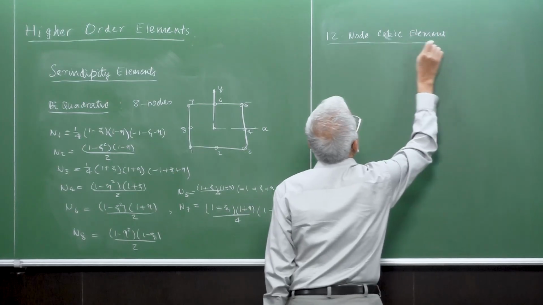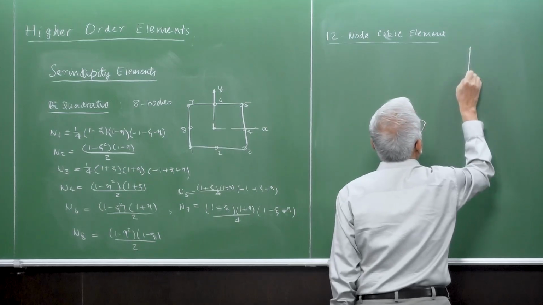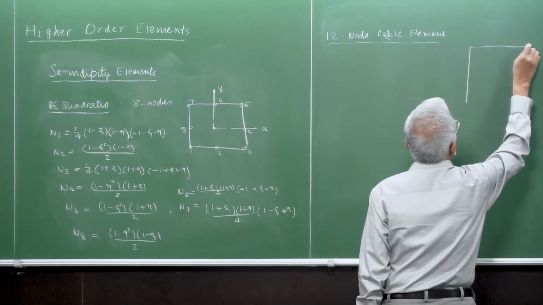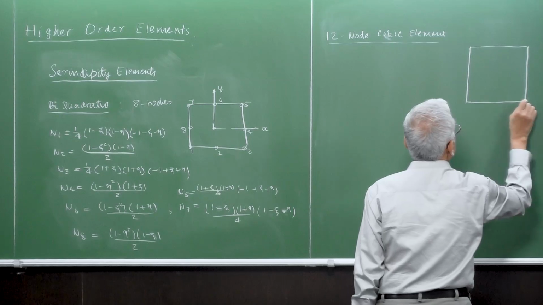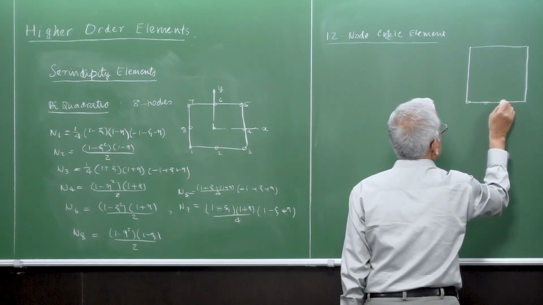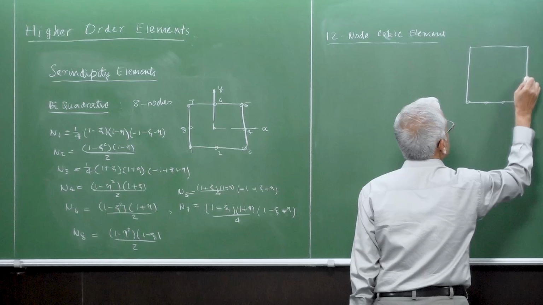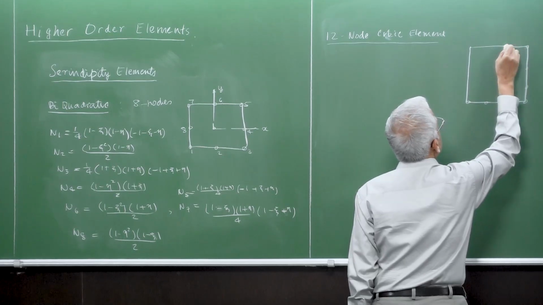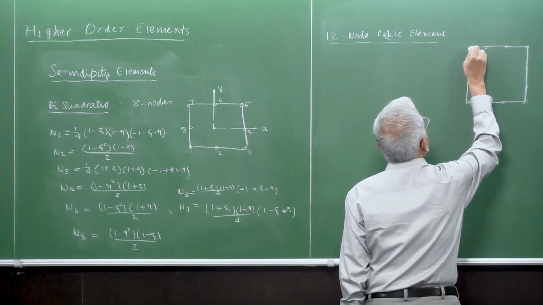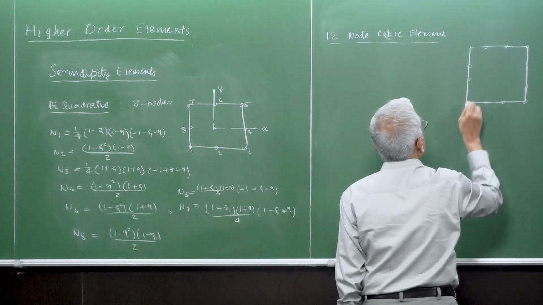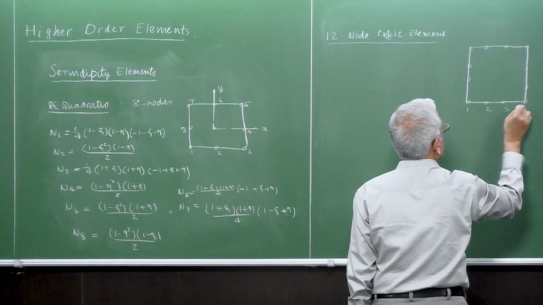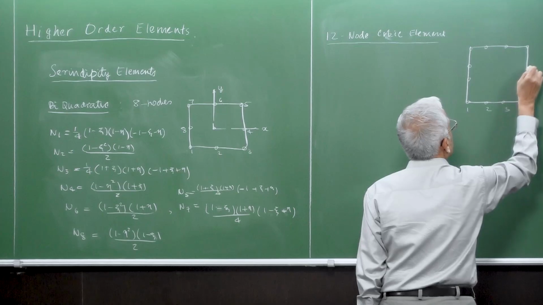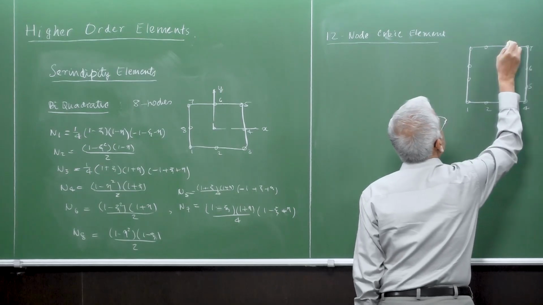So this 12-node cubic element has 12 nodes on the edges like this. One, 2, 3, 4, 5, 7.